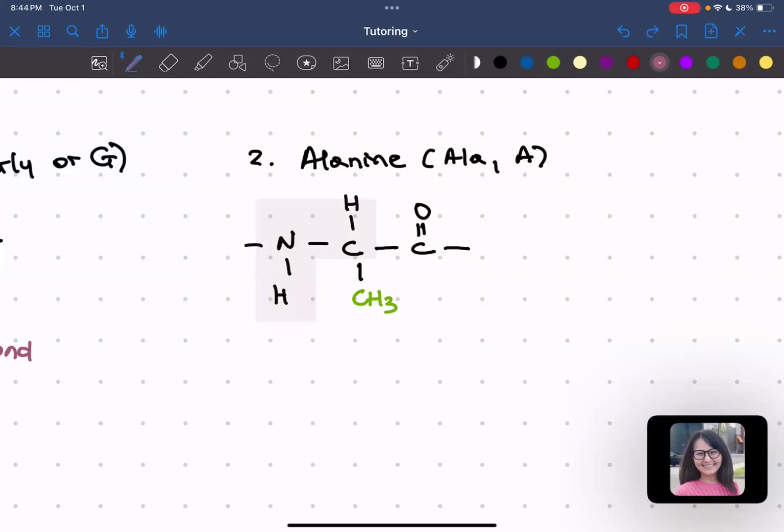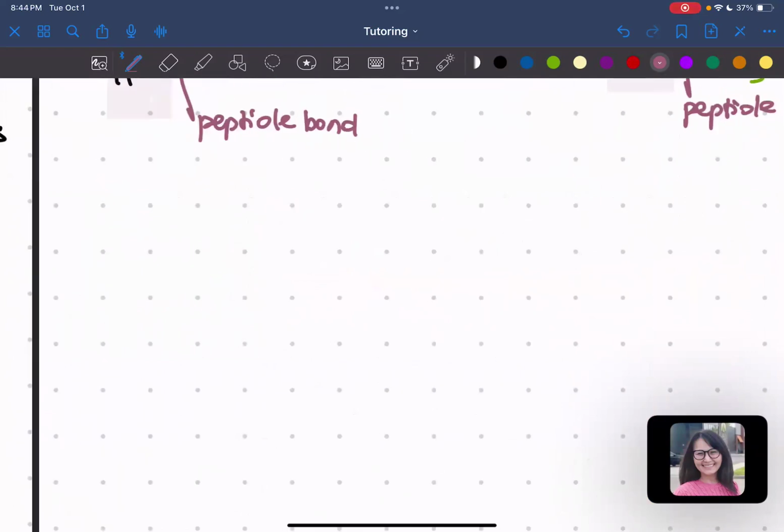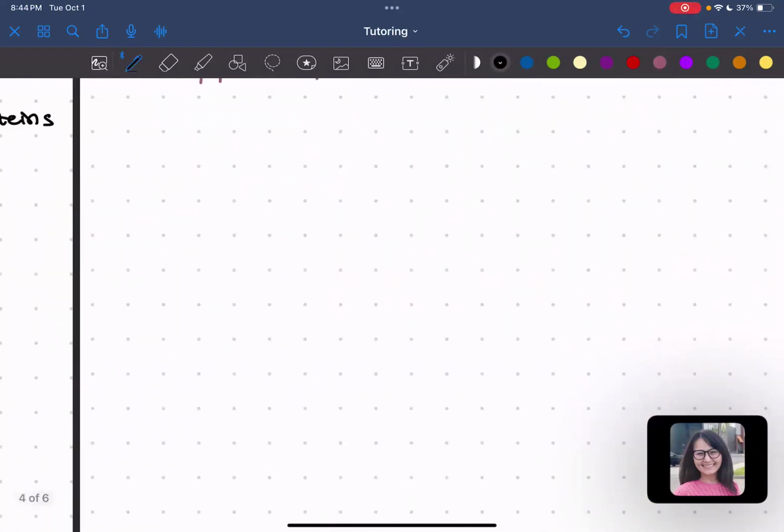And our peptide bond. Be very peculiar about it. Try to write it out every single time you see it.